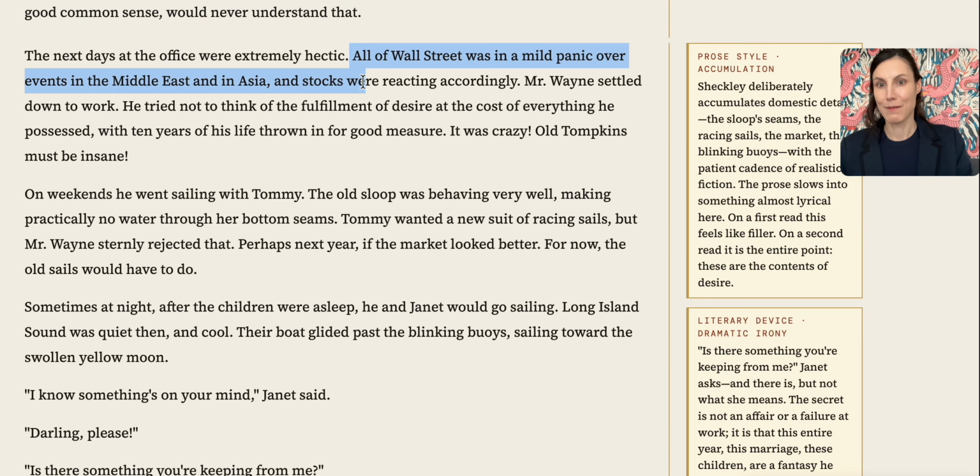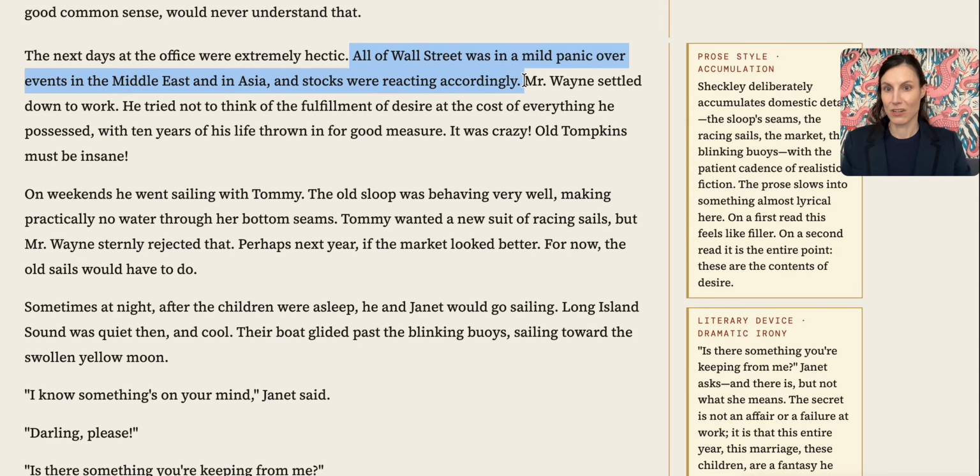Also, these parts are very interesting because in his regular life, you could say this was an experience he lived. He was taken back to a time before the nuclear disaster, before the bombs went off, because we do have this foreshadowing that there was going to be a nuclear attack, because he's seeing panicked events in the Middle East and Asia.